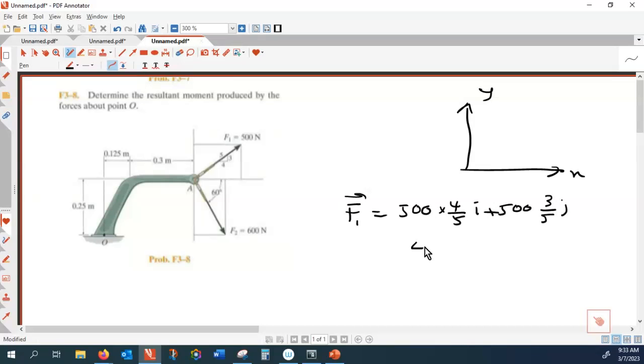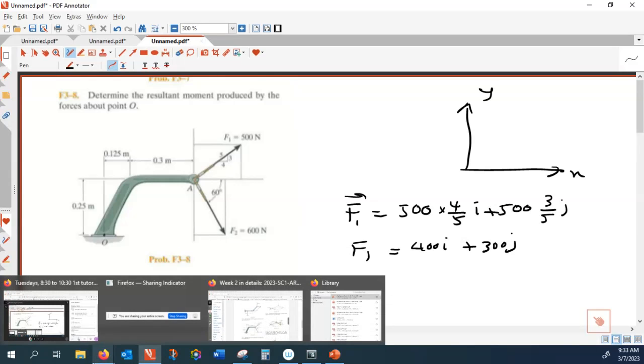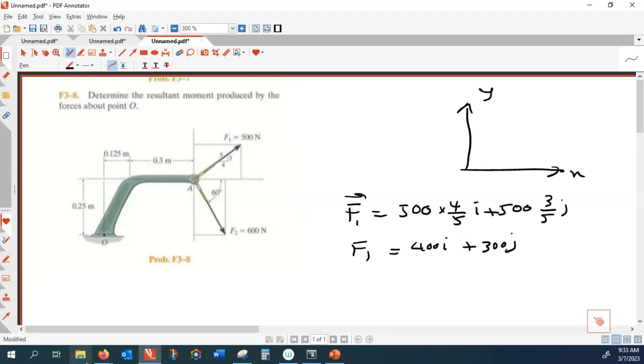That makes 400i plus 300j. Any objection to that? That is F1, right? Happy, Mohammed? All right, let's do F2.